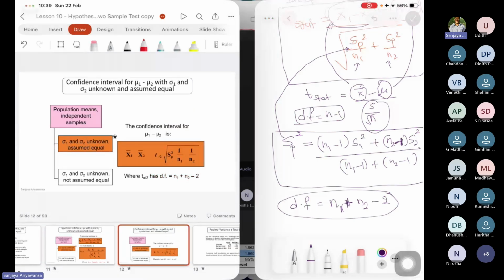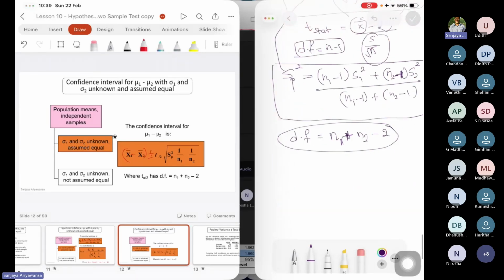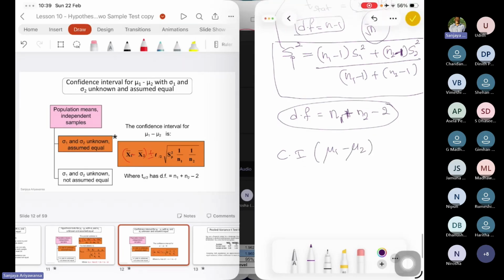So with that, the confidence interval can also be calculated. So how do we calculate the confidence interval? Confidence interval for what? Mu1 minus mu2, because we're looking at the difference of these two population means.